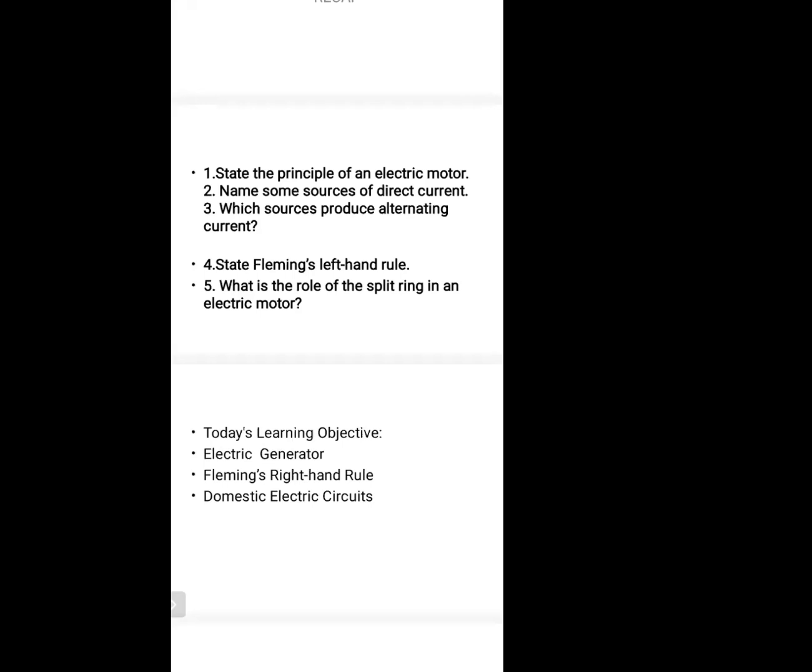The next question. Could you read? The next question is, name some sources of direct current. Battery, cell. Cell and battery. Very good. Which sources produce alternating current? It is your mains, and all of them come from an AC generator.